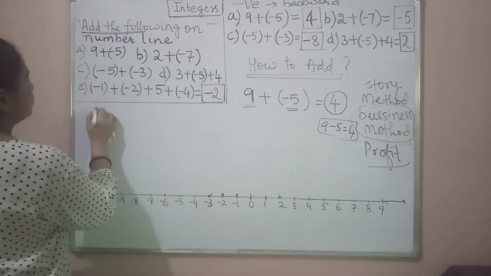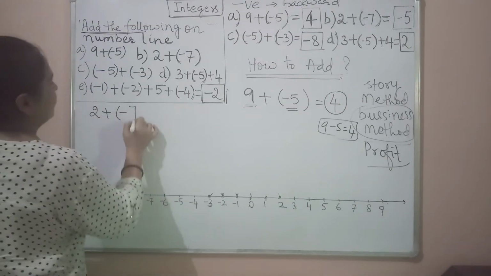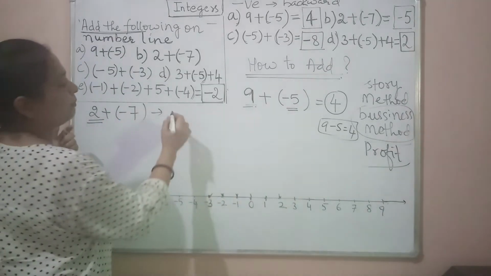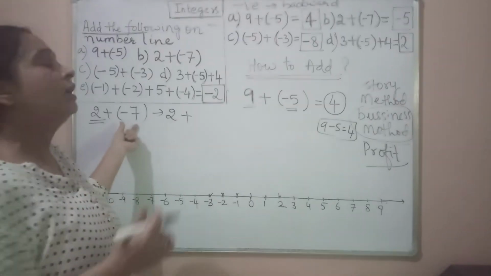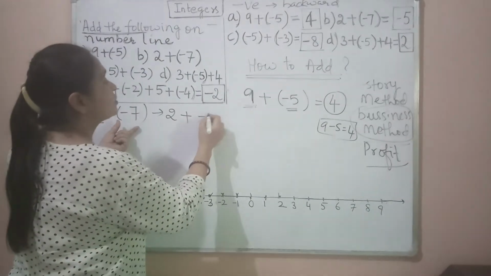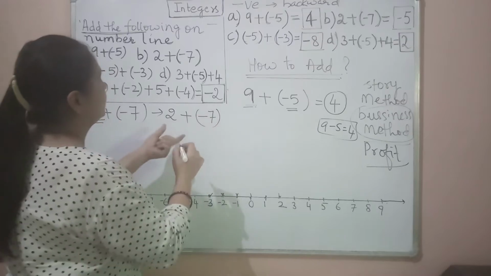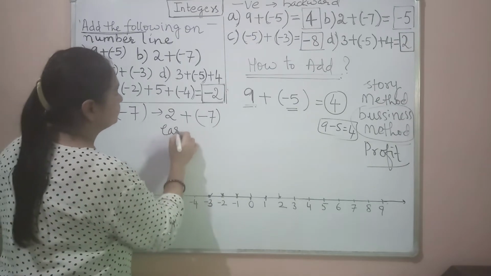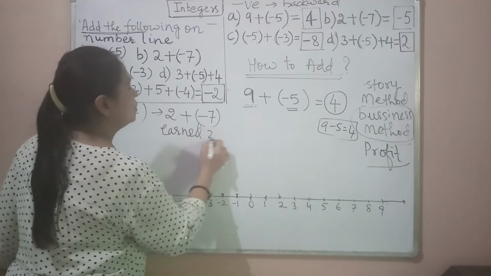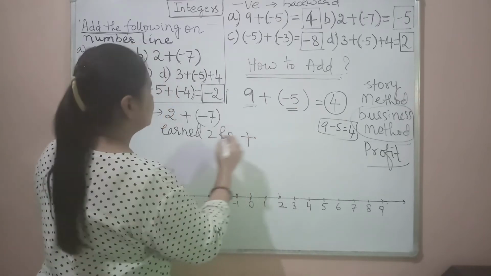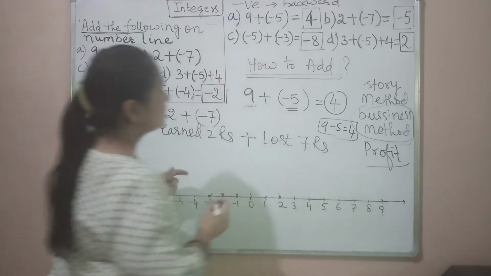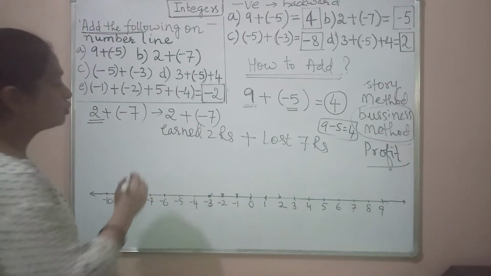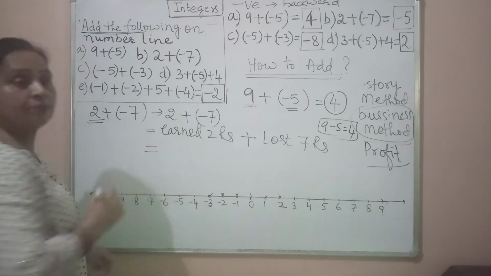Now come to the next question. 2 plus -7. If we consider the first day he earned 2 rupees, but on the second day a very big loss happened and he lost 7 rupees. Overall, is it a loss or a gain in 2 days?